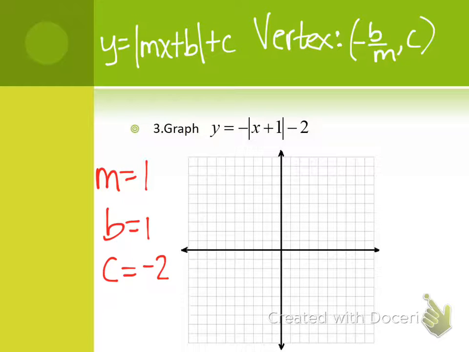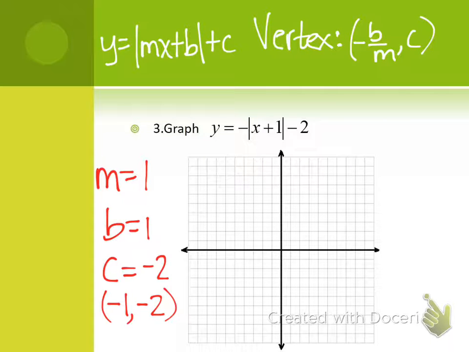Wonderful. Okay. So then we plug in B, M, and C up to our vertex. So we have the opposite of 1 divided by 1. What does that end up being? Positive or negative? -1, comma, C is -2.